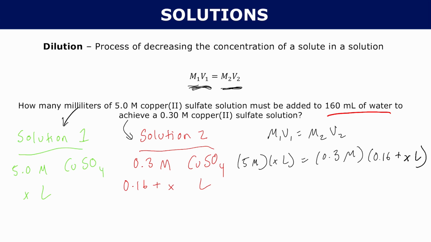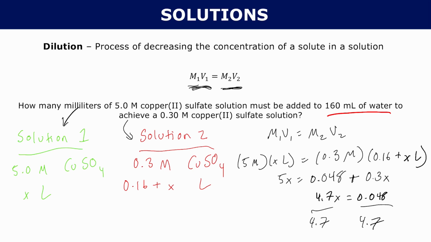If you have trouble solving for X, it helps to just forget about the units for a second. So the left-hand side becomes 5X, and the right-hand side becomes 0.3 times (0.16 plus X), which is 0.048 plus 0.3X. Now isolate X, so 4.7X equals 0.048, and you just divide both sides by 4.7. And that isolates X all by itself.